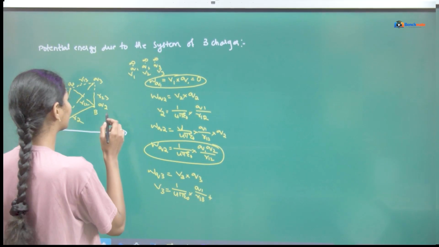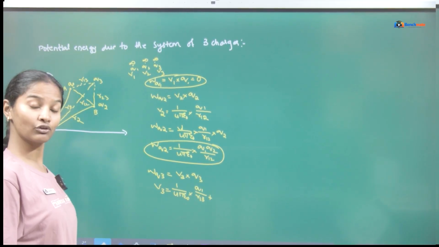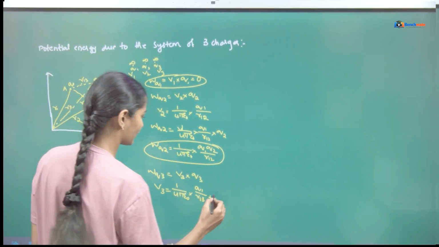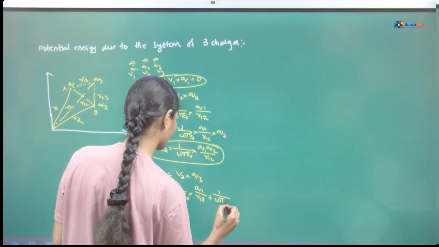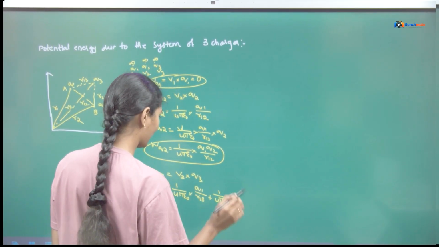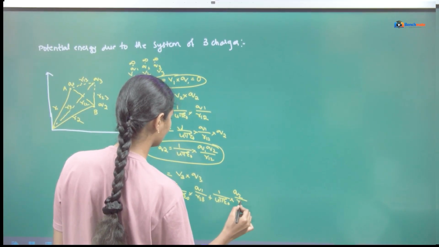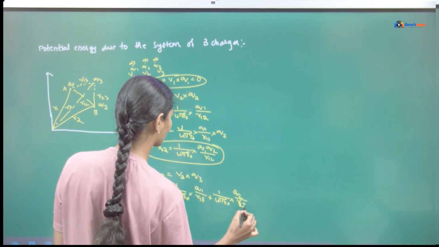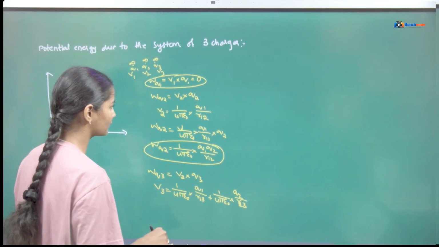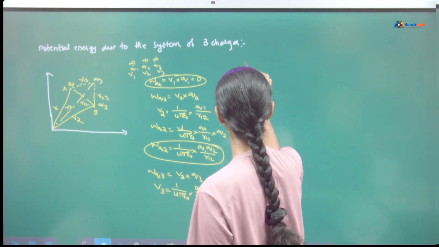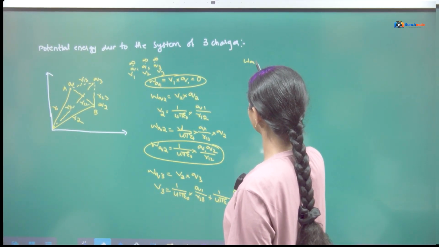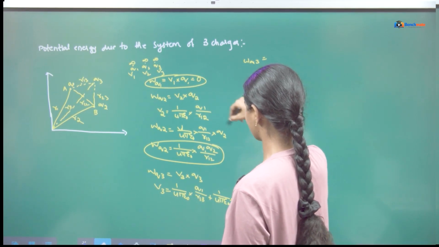Next, along with Q1, Q2 also is there. Now Q2 also tries to oppose. So that is 1 by 4 pi epsilon naught, and here Q2 is opposing. The distance is R23. Substitute here. Work done by Q3 is equal to V3 value.